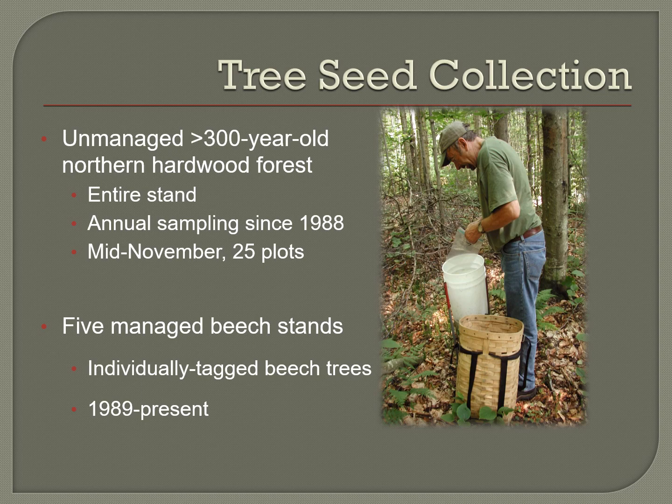And then we also compare that data to several stands that have had a variety of management treatments, primarily on the selective logging end of the spectrum. Those forests actually have individually tagged trees where we're following the nut production of an individual tree over time as it grows or potentially dies. So we can say something about seed production trends between management types as well as through time.